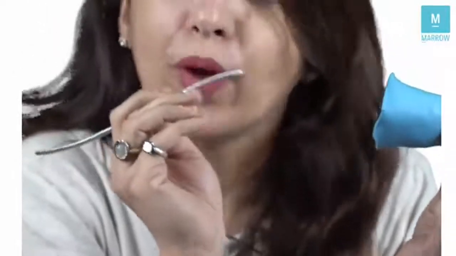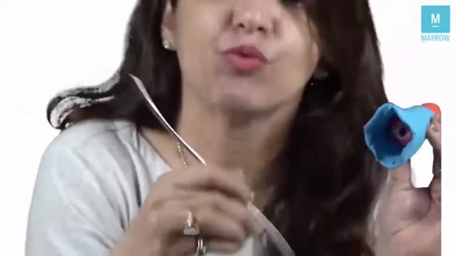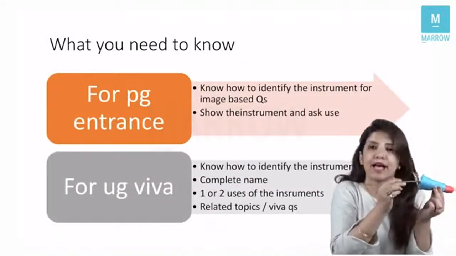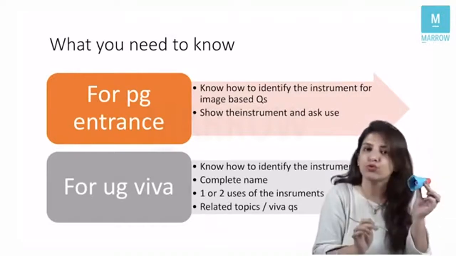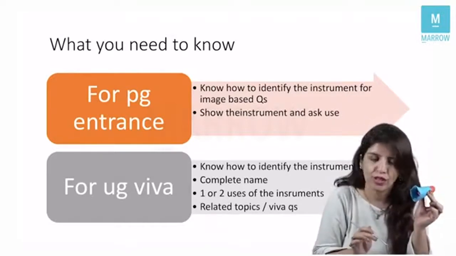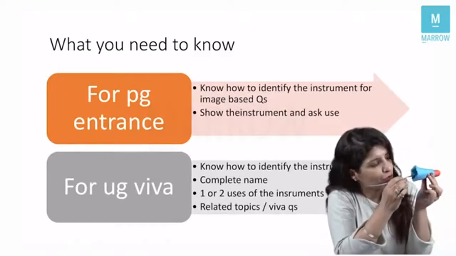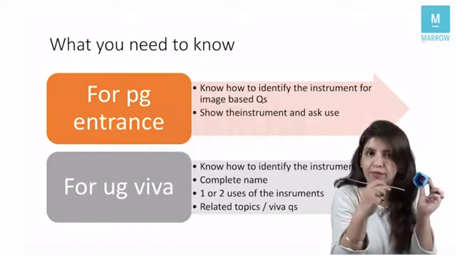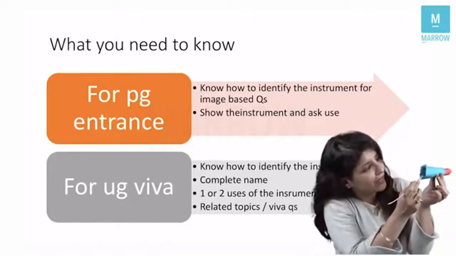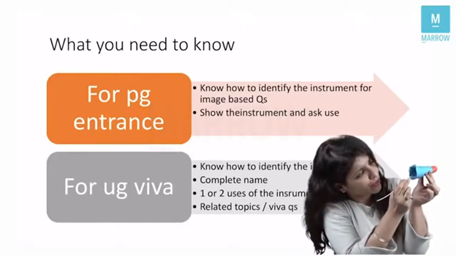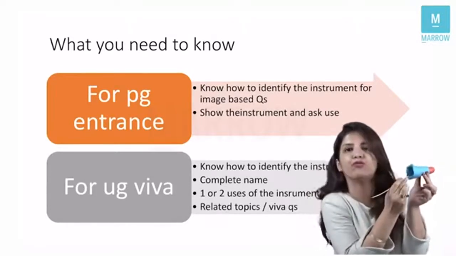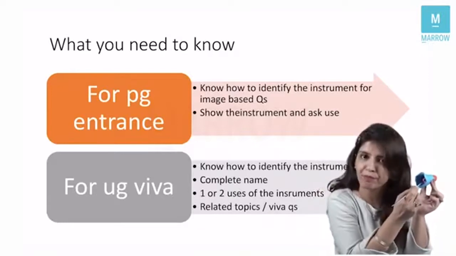Now when you do a per speculum examination, which I'm going to tell you how you are going to do, and what are the instruments which you are going to use to examine the cervix. So when you do a per speculum examination, the pink colored part which you see, that is always the exocervix, right? And whatever little bit red colored part which you will see, will be the endocervix which is visible from the external os.